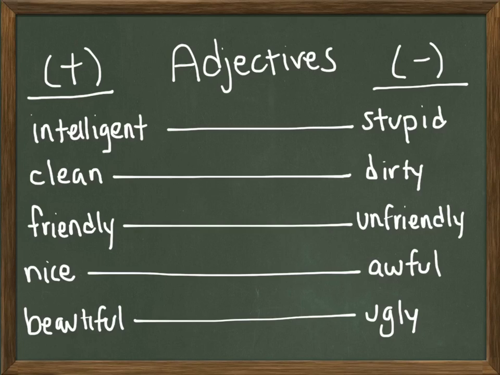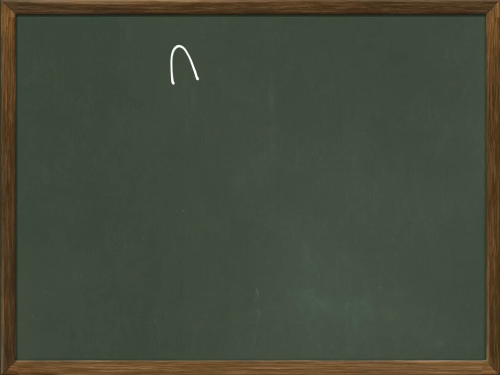You can ask your teacher for a better reference or more examples, especially if you don't understand some of the vocabulary. And finally, to conclude, we're going to see how we use these adjectives in a sentence.